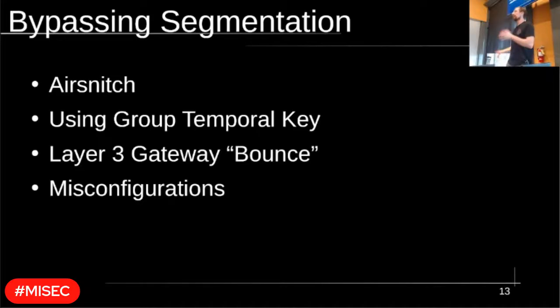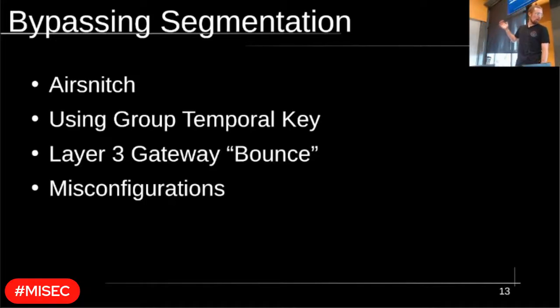And generally speaking, you can use the group temporal key for single connections, and it does not block that. So if you have an access point that is set up to have both the guest network and the primary network, and you're trying to send a message to a device on the primary network, if you use the group temporal key, you might be able to bypass that network segmentation.